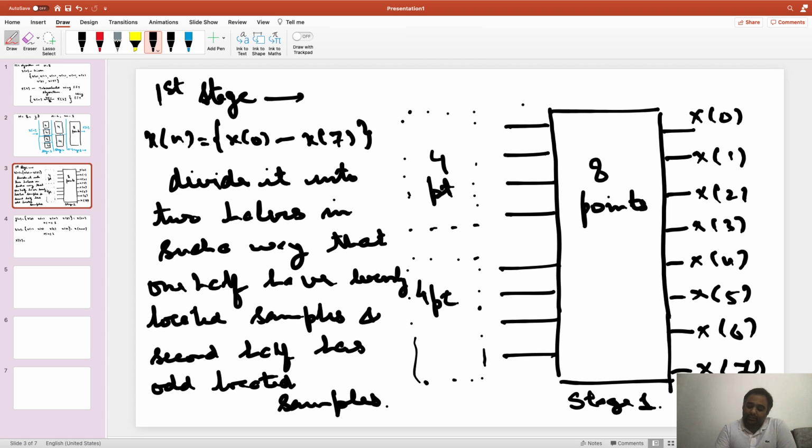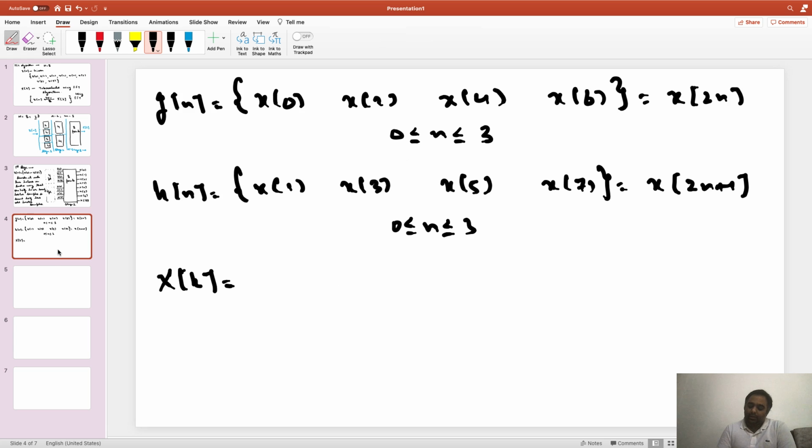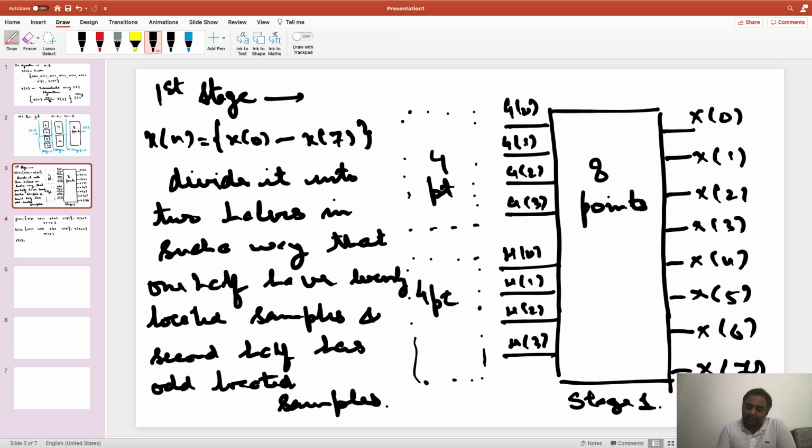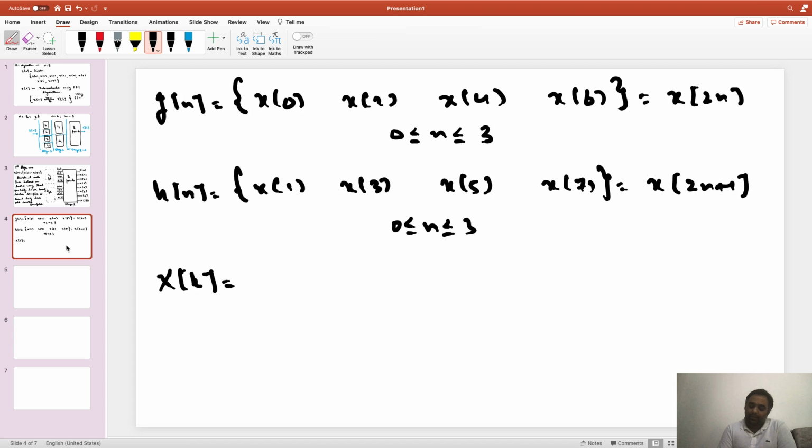So on this side I have G0, G1, G2, G3, and here I have H0, H1, H2, and H3. Now I have to express X[k] in terms of capital G's and capital H's. So let's see how we can do that.